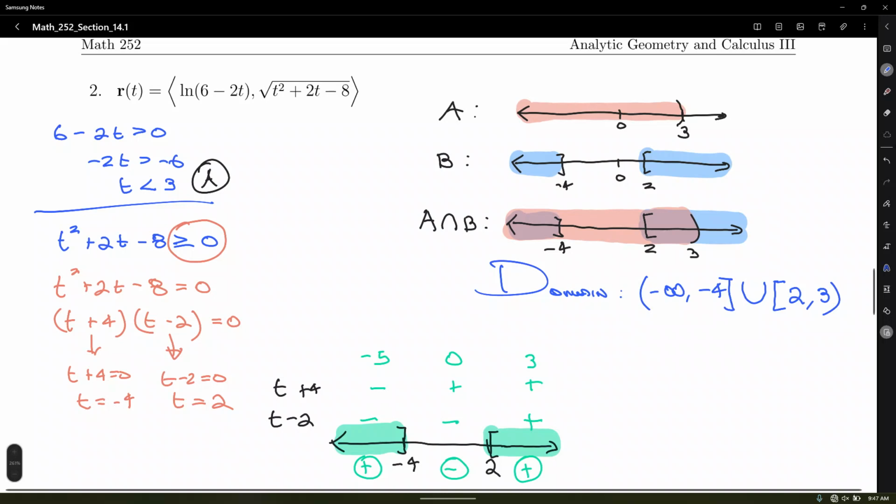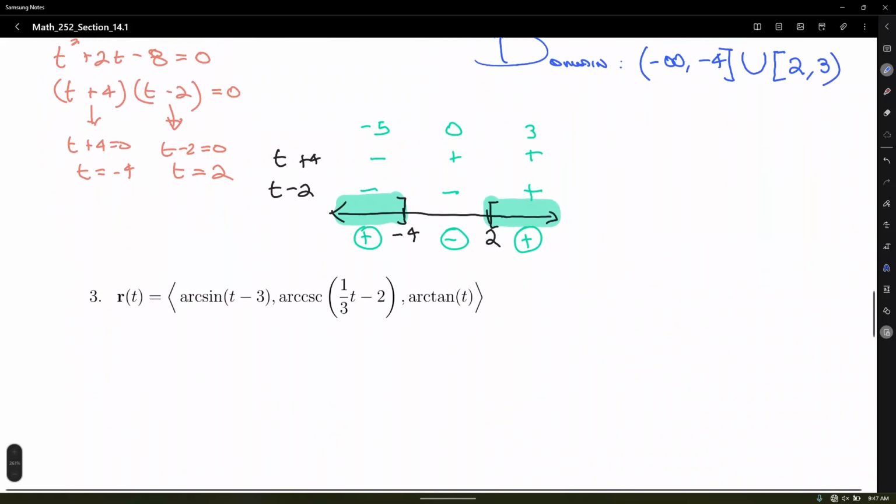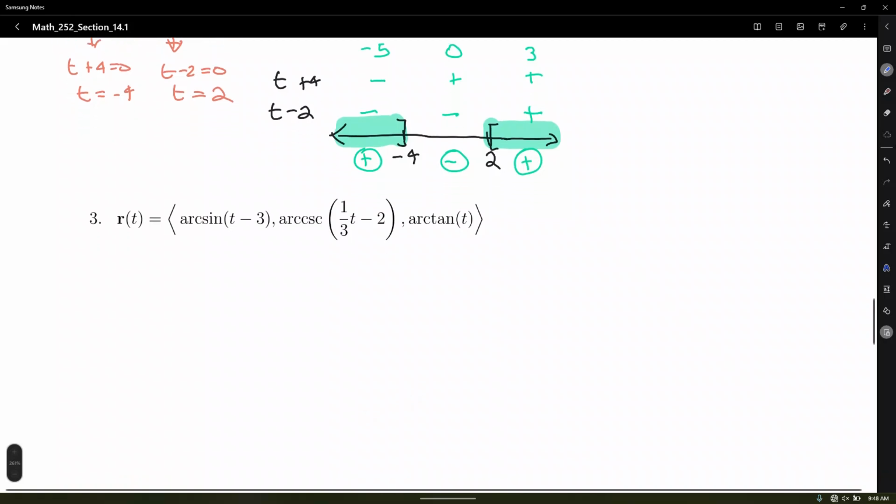Let's have a look at the next example, the third example. Let's put all inverse trig functions now: arcsine, arccosecant, and arctan. So inverse trig functions like the inverse sine, we need to bound the argument between -1 and 1 and solve the compound inequality.